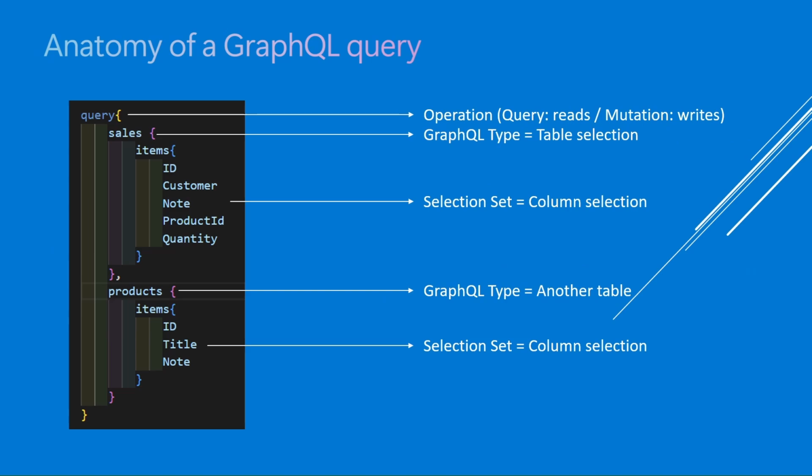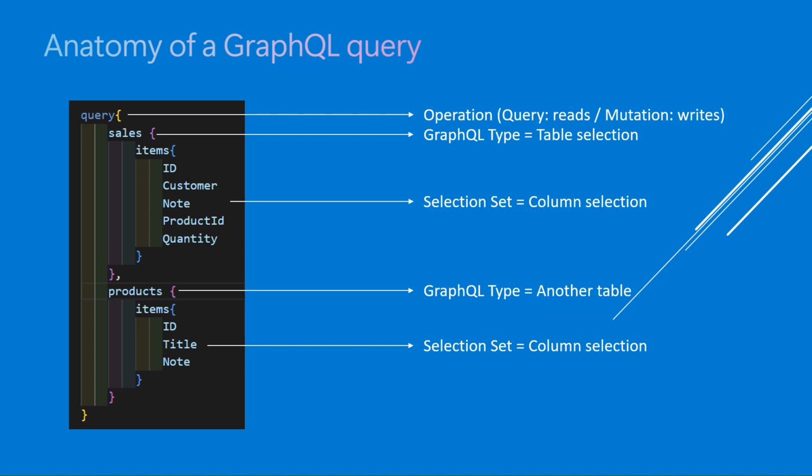So GraphQL query, the main thing, of course, is that it's very heavily based on JSON. You define an operation, right? Query to read, mutations to write, and then you just need to provide a specific type. You can draw a comparison again. The type could be a table in your SQL database, and you have a selection set.